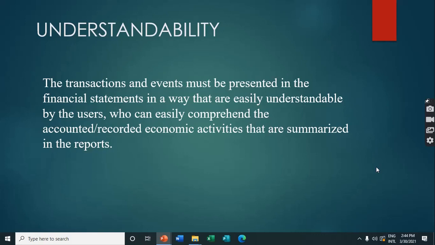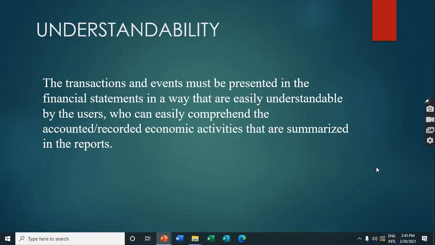So, pag sinabi nating understandability, kailangan yung financial statement mo o yung financial report mo ay naiintindihan kahit sinong babasa. Pero syempre, kailangan yung babasa naman may knowledge naman man lang sa business at sa accounting.